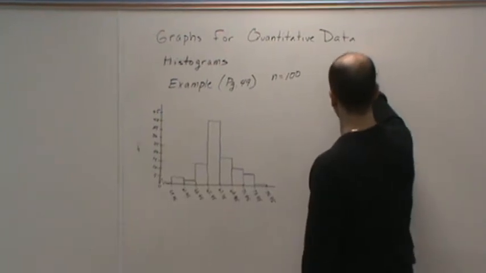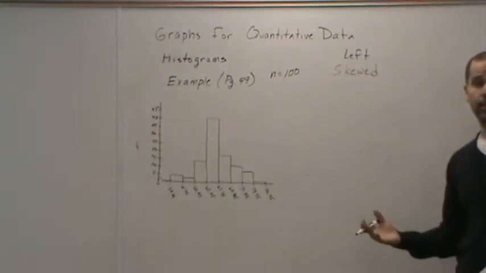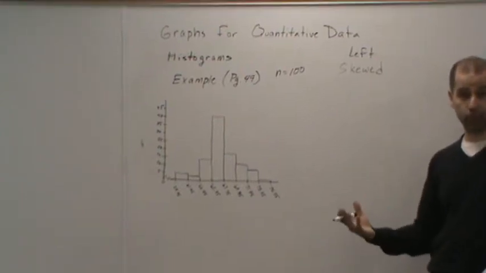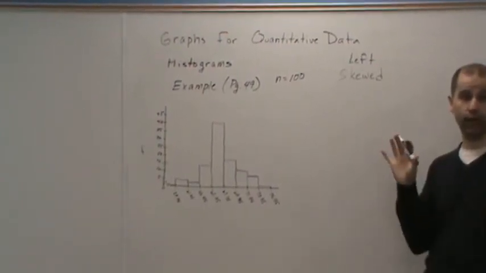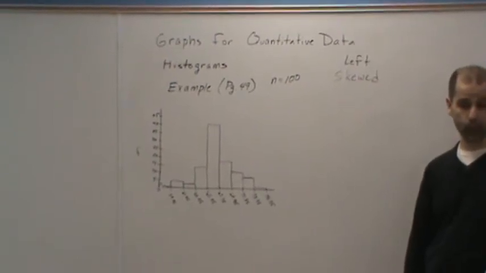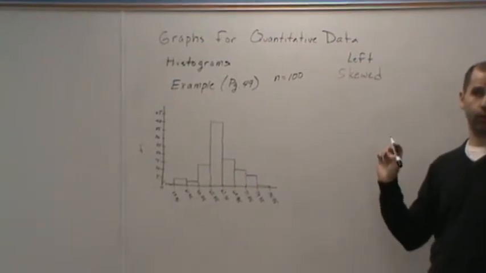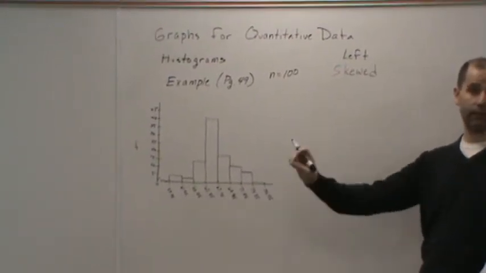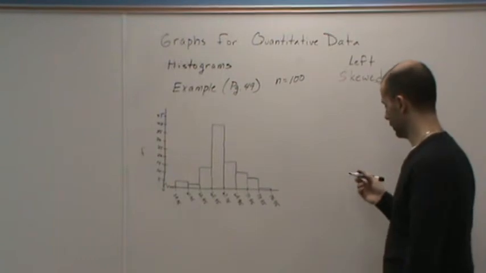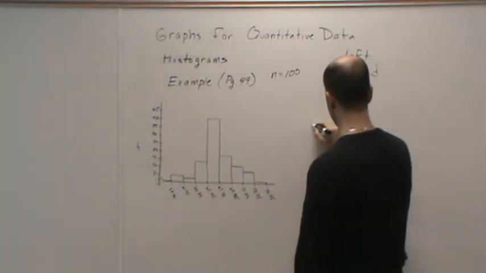Left skewed is where the tail on the left is bigger than the tail on the right. So you have extreme values or more data to the left than to the right. It would look something like this.